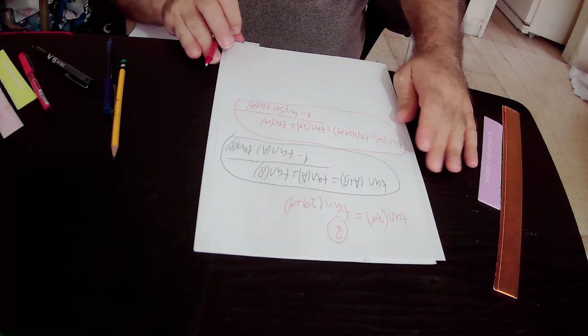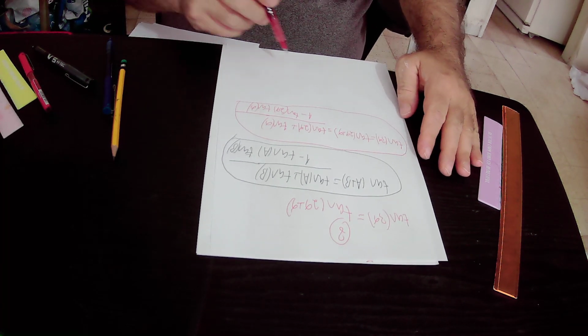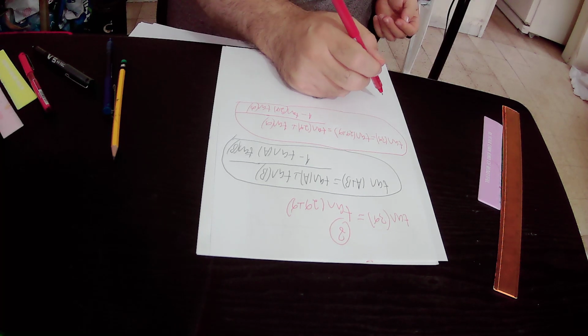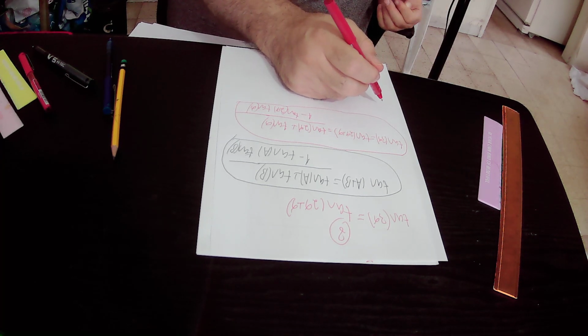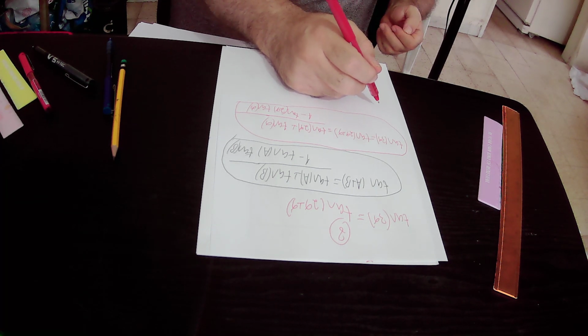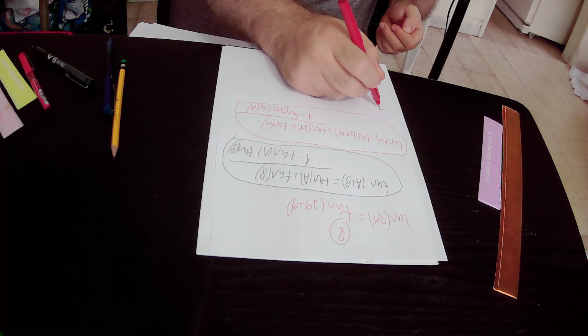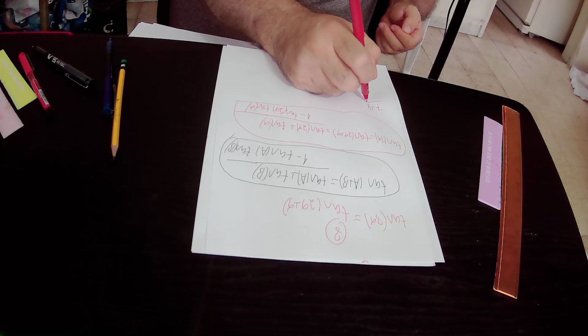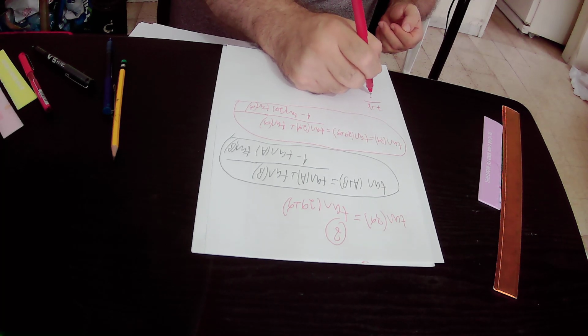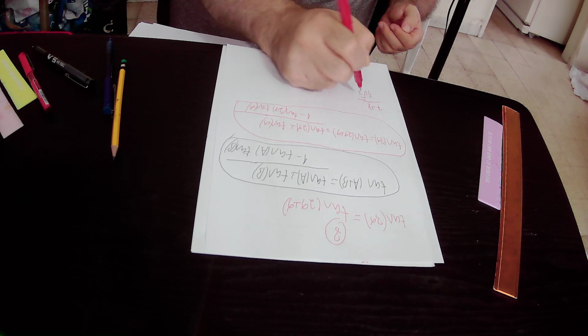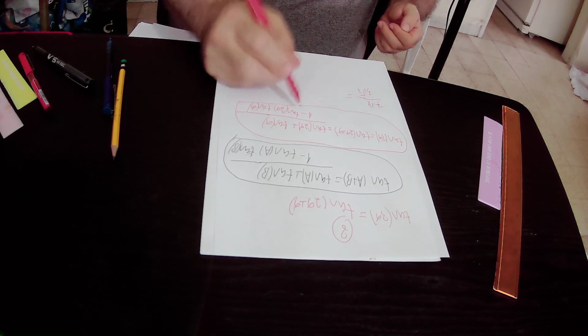Okay, and we will get that tangent 3 alpha is actually 7 plus x over 3 times root 7. It equals tangent 2 alpha.